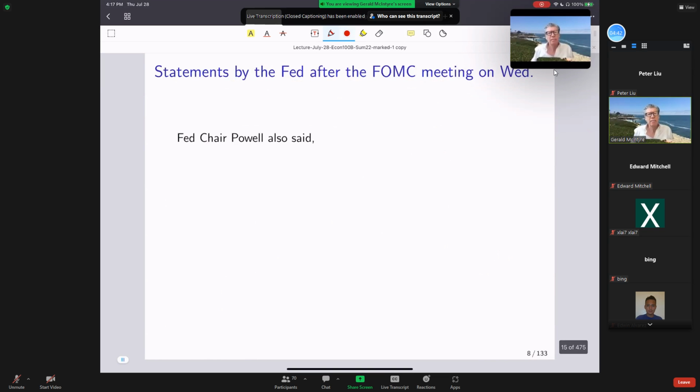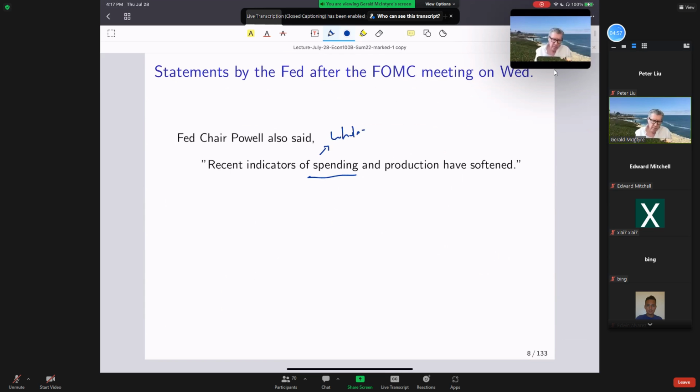Some other statements by the Fed. The Fed chair also said that recent indicators of spending and production have softened. Okay, notice what he says here is they've softened, they haven't fallen. Okay, indicators of spending are wholesale and retail spending.